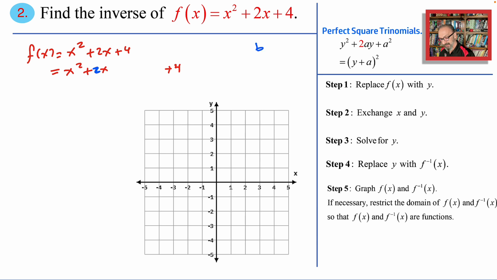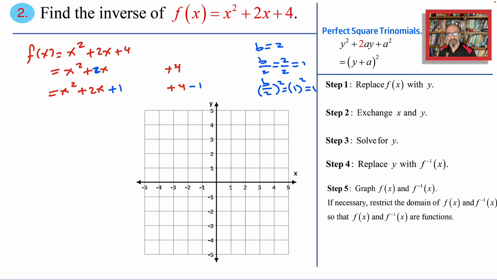I take b to the side and divide by 2. 2 over 2 is 1. b over 2 squared will be 1 squared, which is also 1. So I go back to the problem, and we have x squared plus 2x plus 4. We add 1 and we subtract 1 to keep it balanced.